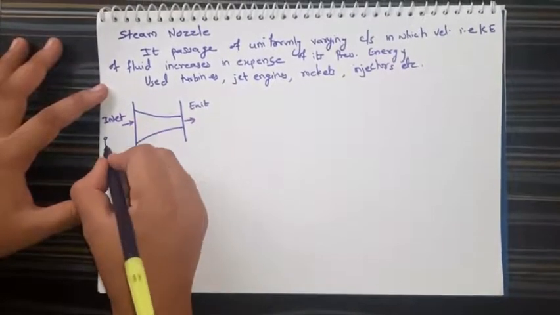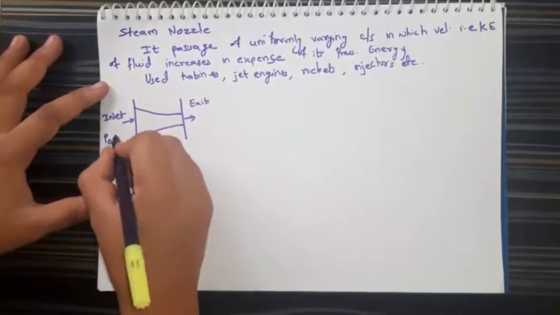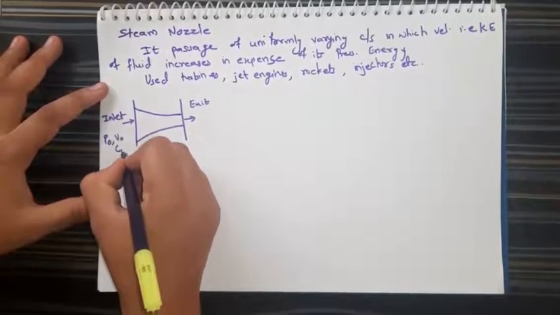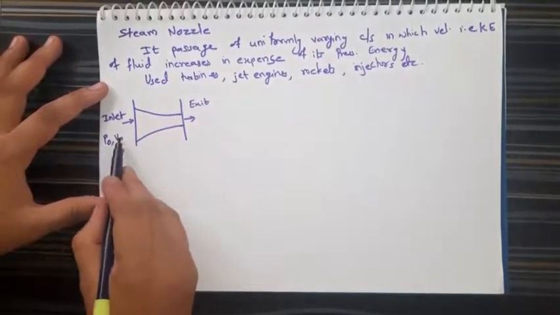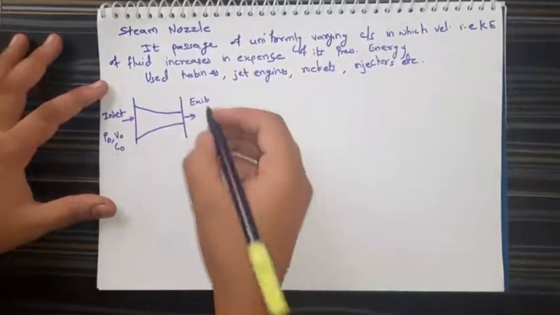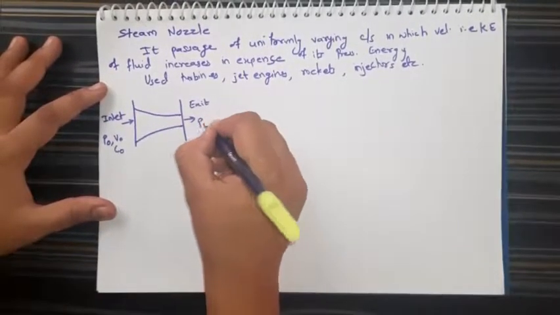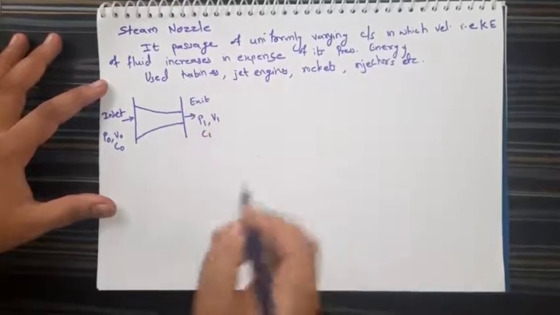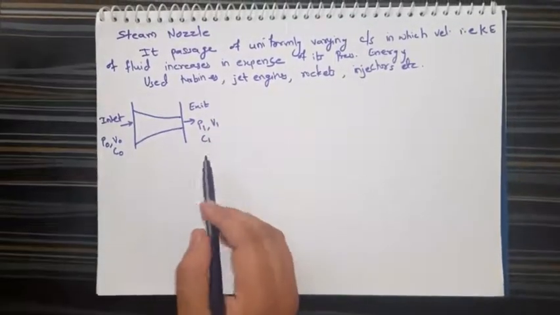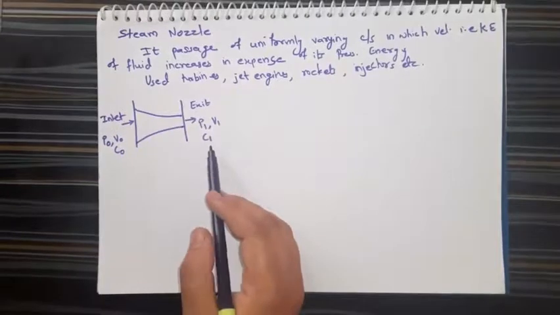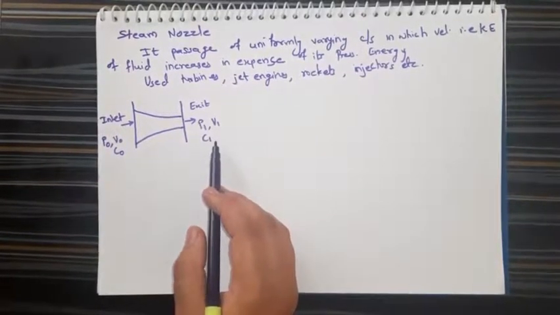Let's say inlet conditions are P0, V0 and C0, that means pressure, volume and velocity, and at exit P1, V1 and C1, pressure, volume and velocity.